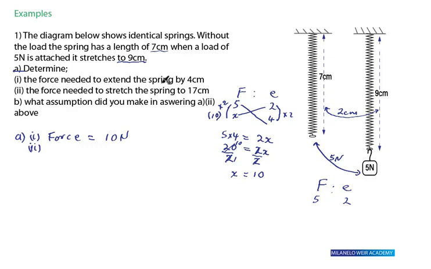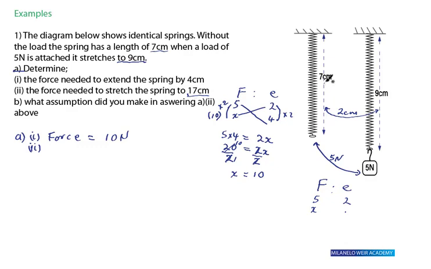We need to find, it's either given the force or the extension, but here we have a spring which is to stretch to 17 centimeters. We are to find force. Force is x. So what is the extension? It seems like we're not given, but we are, because it's 17 centimeters. From where?